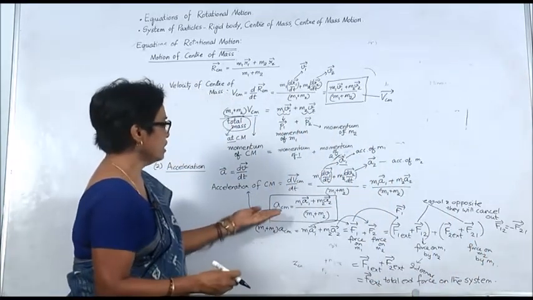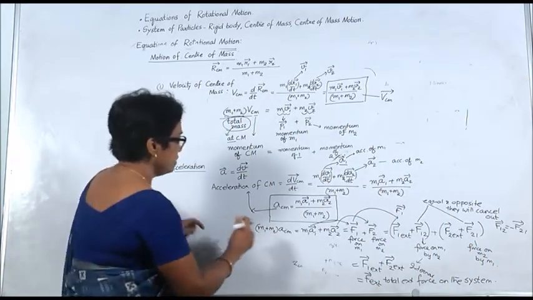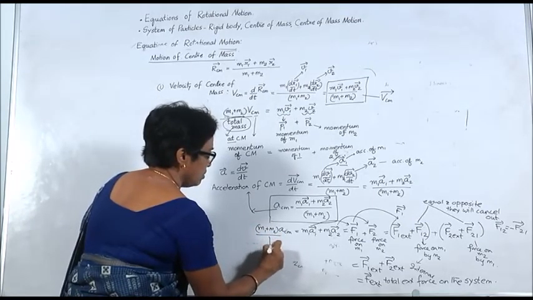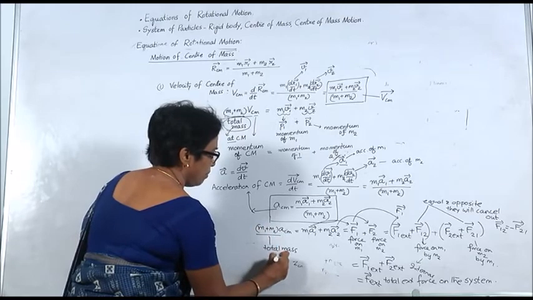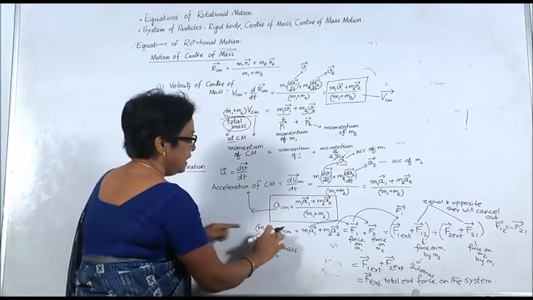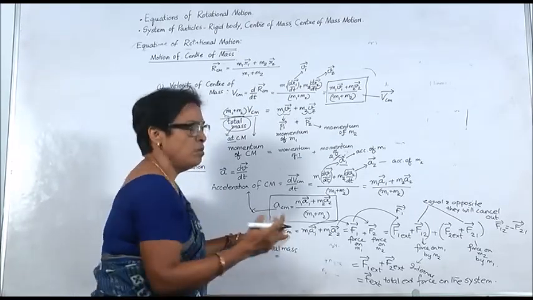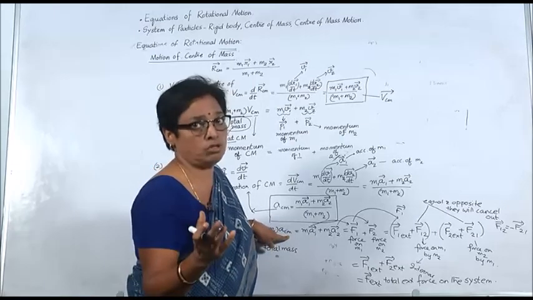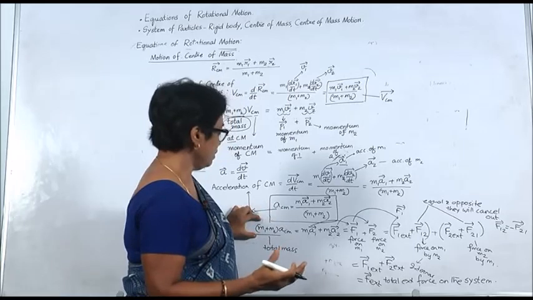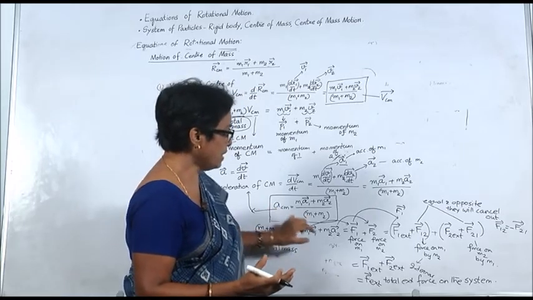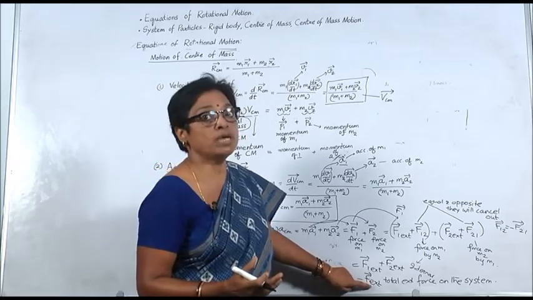So analyze this equation. This is the total mass of the system. Total mass is m1 plus m2. Total mass into acceleration of the center of mass. Mass into acceleration is always a force, so this must be equal to force. So total mass into acceleration of the center of mass is equal to the external force.